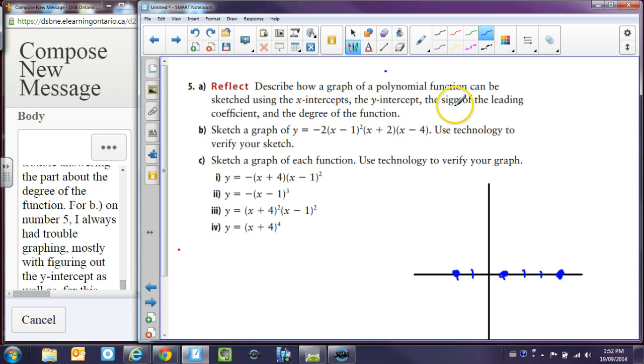The sign of the leading coefficient will be of interest to us. And so if we did multiply this all out, we would get -2 times an x times another x times another x times another x. So our first term is going to be negative 2x to the fourth. The negative tells me my graph will be an m, not a w.